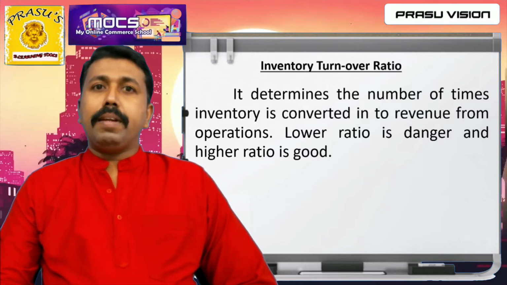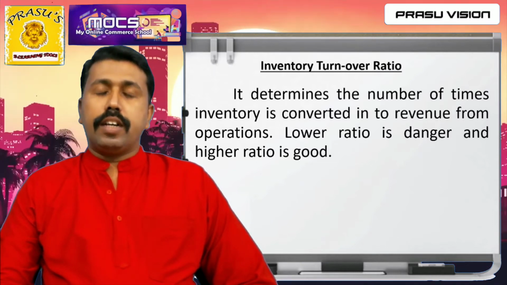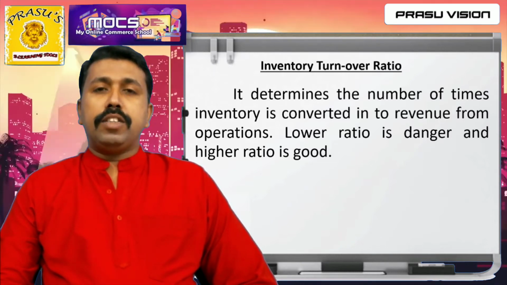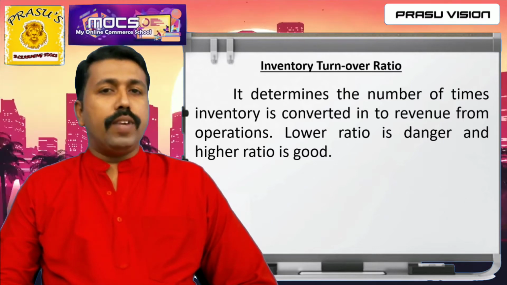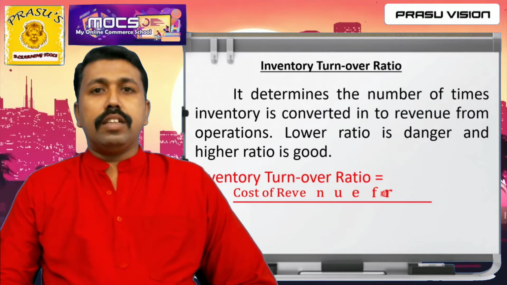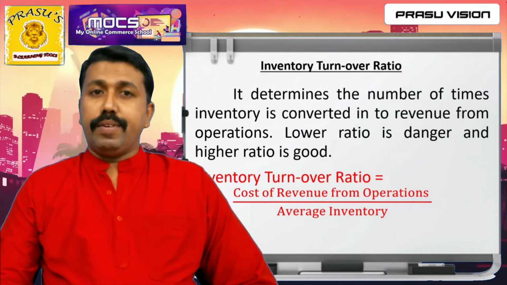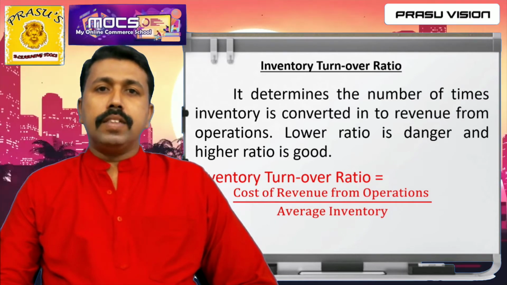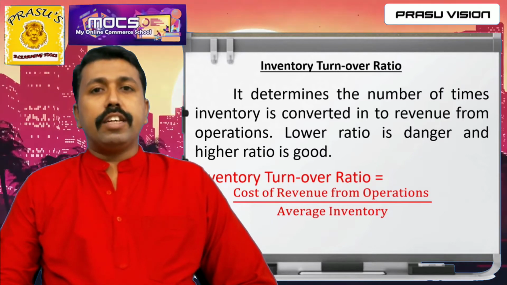So it determines the number of times inventory is converted into revenue, how much revenue we are getting from that raw material or inventory. We can easily calculate this ratio using this equation: cost of revenue from operation divided by average inventory. Cost of revenue from operation divided by average inventory is the equation.